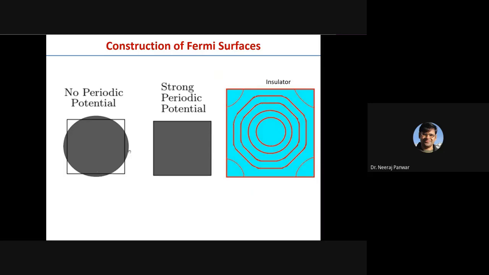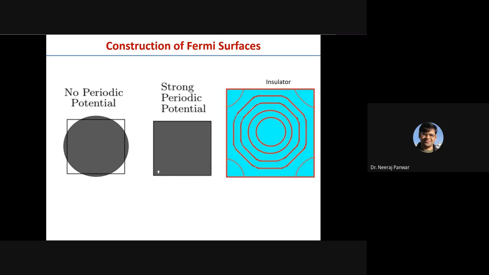The Fermi circle or Fermi surface, Fermi sphere for a divalent metal, would protrude in the second Brillouin zone also. And when we apply a strong potential, all these states will go higher in energy, and the states lying in the first Brillouin zone will go down in energy. Therefore, all these states would be occupied.